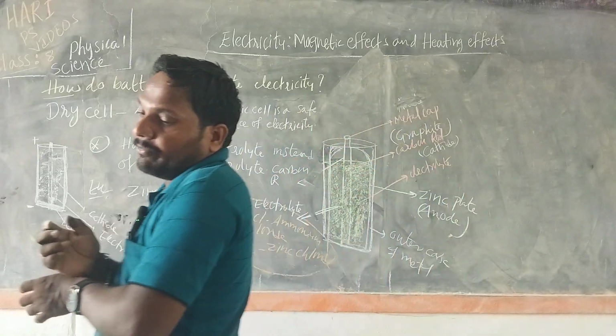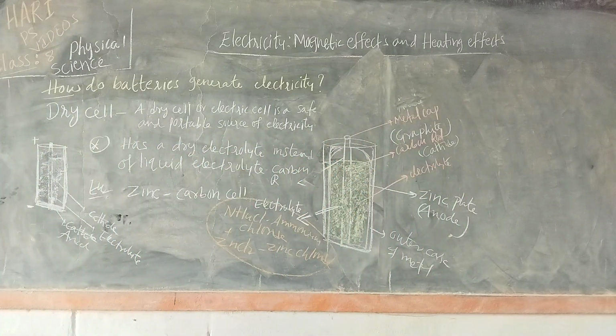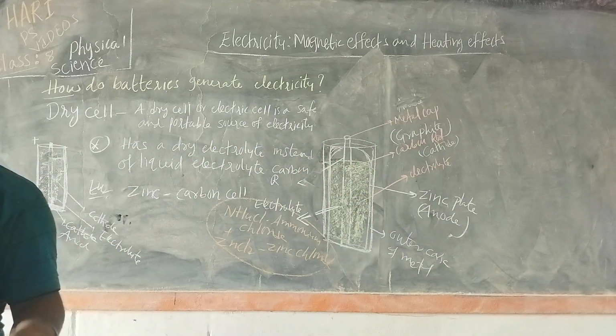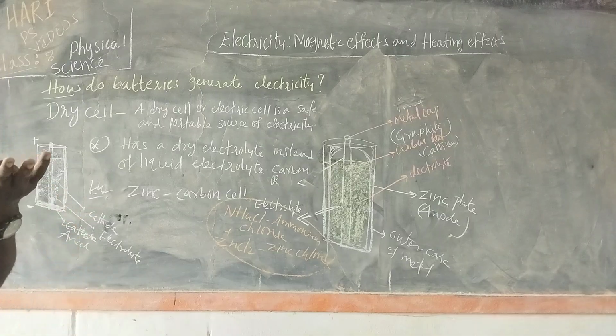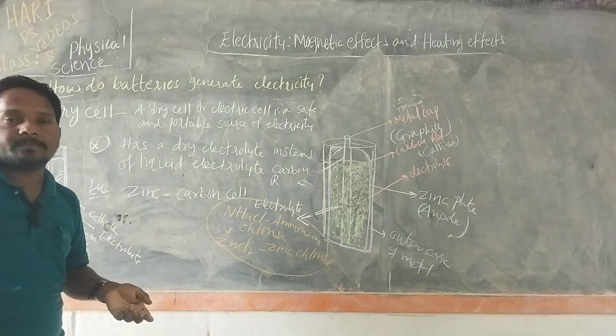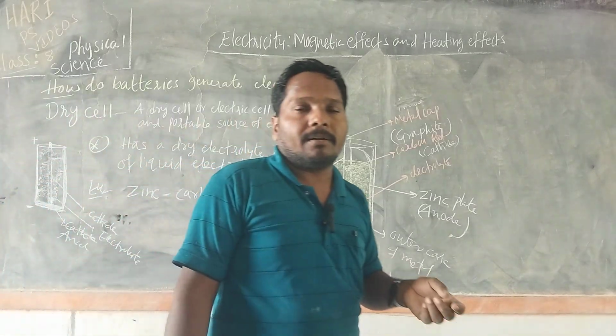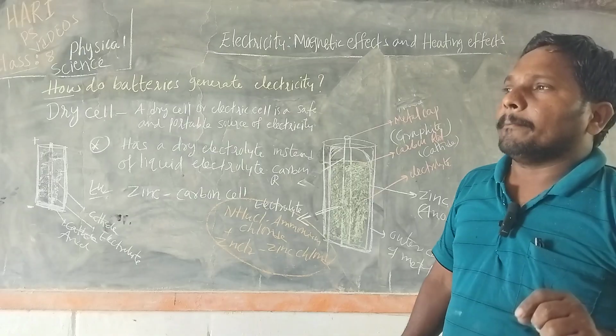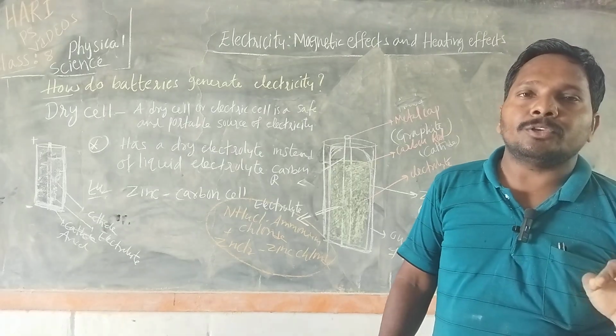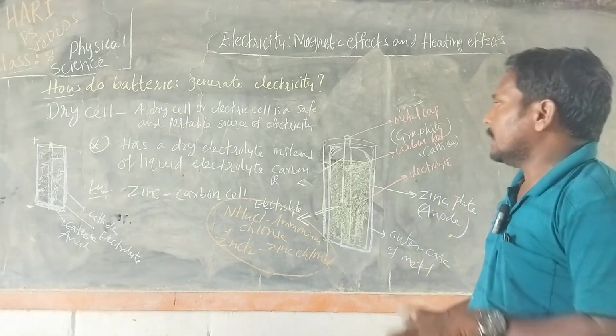It is used for different purposes in our day-to-day life: toys, clocks, remotes, wristwatches, flashlights, torches, radios, hearing aids, right? So we use different kinds of batteries in our day-to-day life.